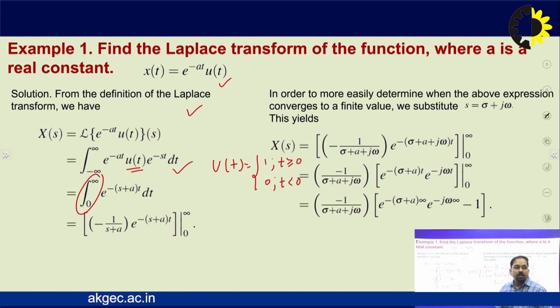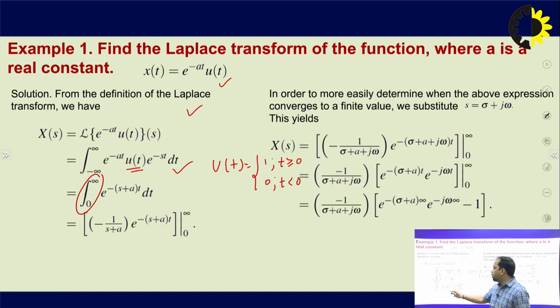The integration gives -1/(s+a) e^(-(s+a)t), with limits from 0 to infinity.